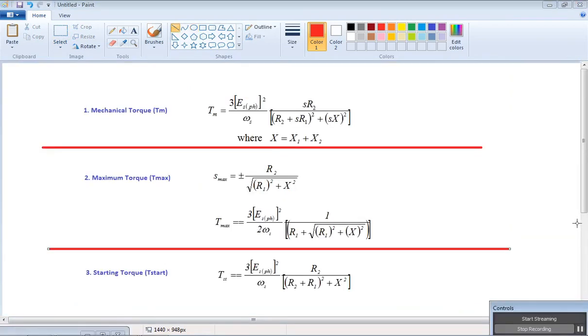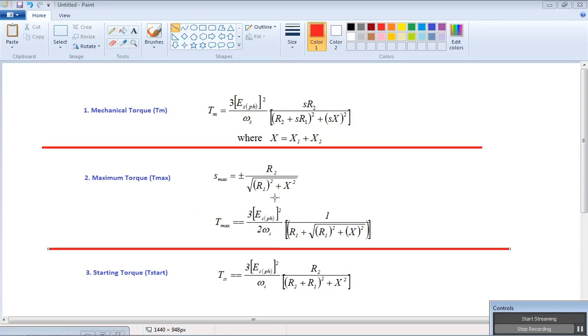As a conclusion for this session, today we have learned how to derive three equations. For the first, we derived the equation for mechanical torque in terms of parameters. Then we derived the equation to calculate the maximum torque.